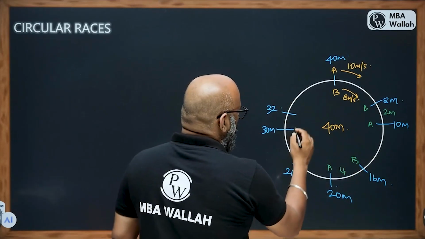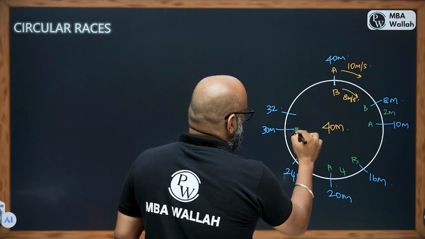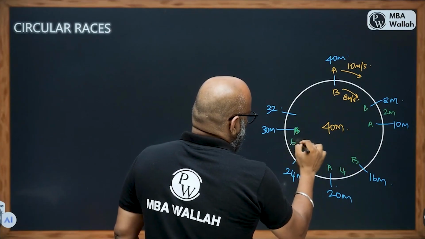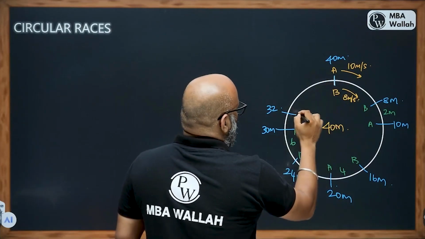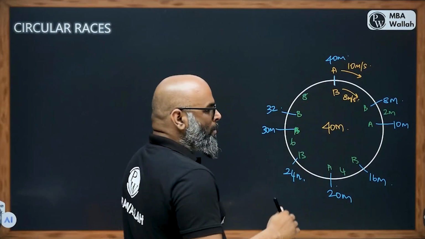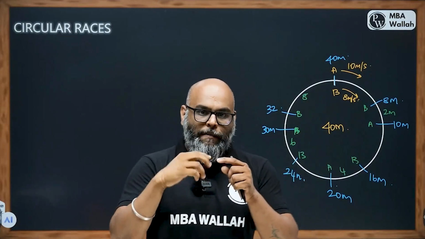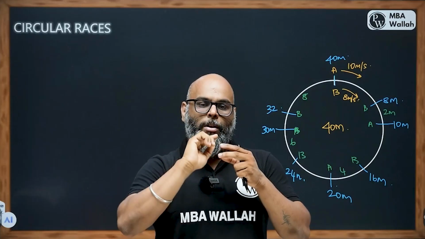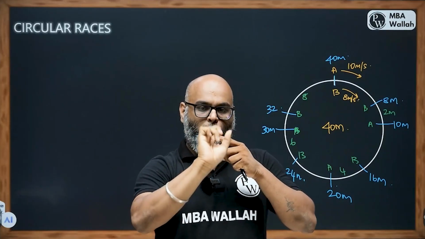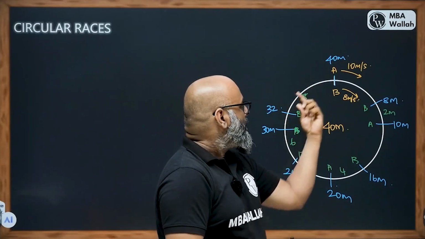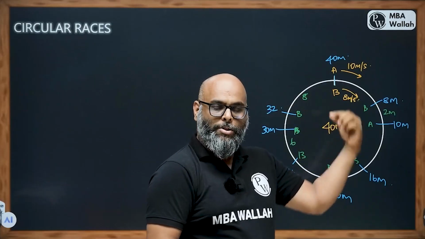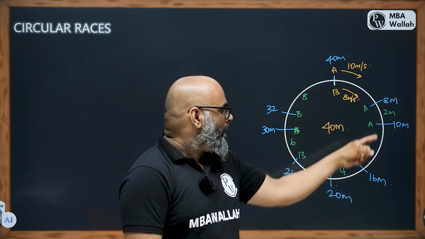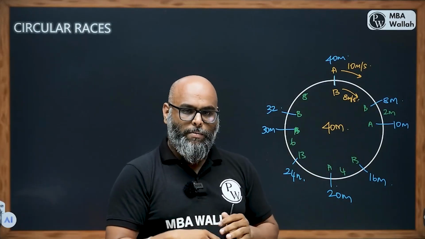Then this is B, this is A, a 6 meter gap. This is A, this is B, an 8 meter gap. So we understand that every second A increases the gap between them by 2 meters. So in this clockwise direction, it is increasing by 2 meters. Can I say in the other direction, it is reducing by 2 meters?